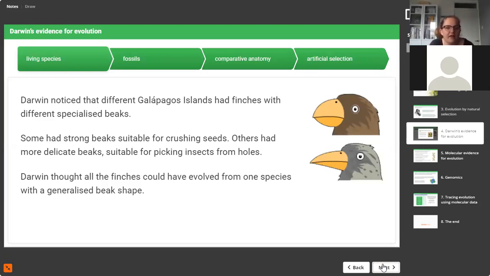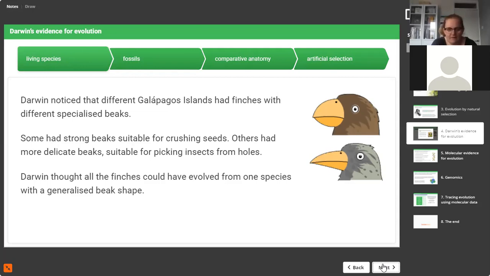Whilst Darwin was in the Galapagos Islands, he noticed that finches had different specialised beaks. They all had very different shaped beaks. Some of the beaks were really strong and good for crushing seeds, while others had more delicate beaks that were able to pick insects from holes. But they were all finches.